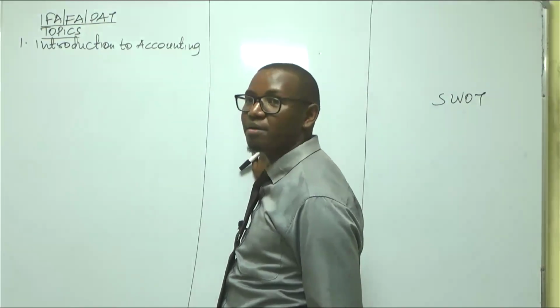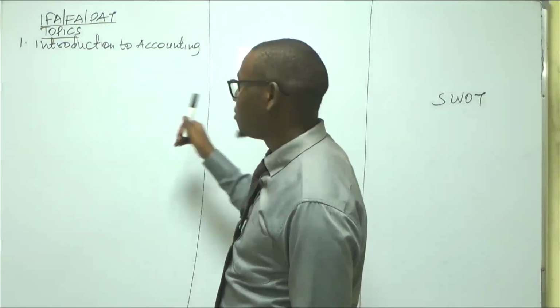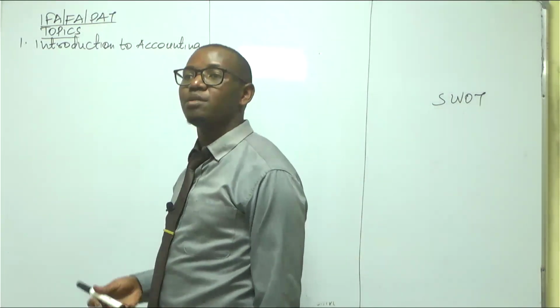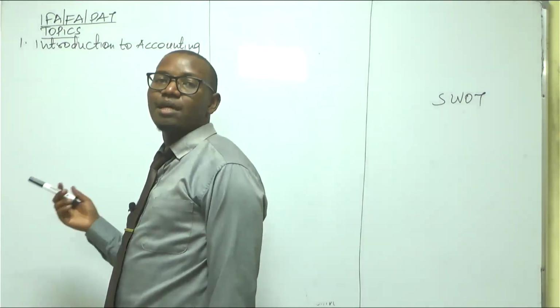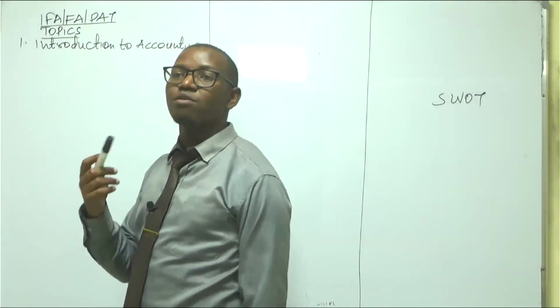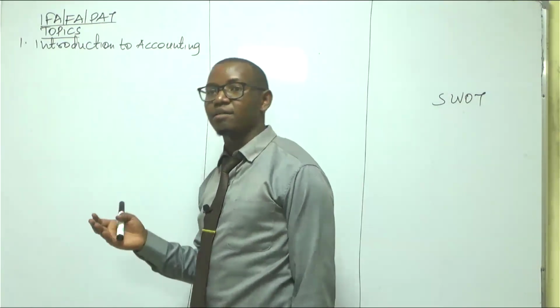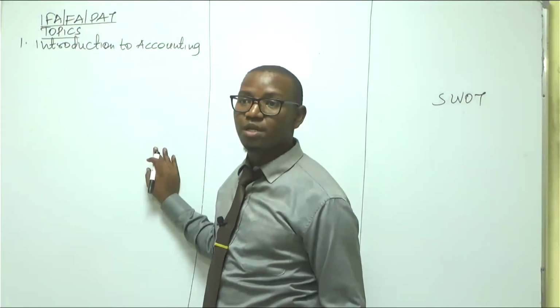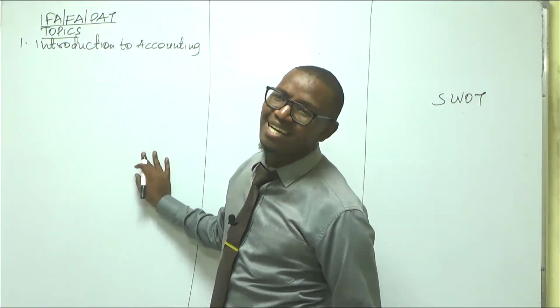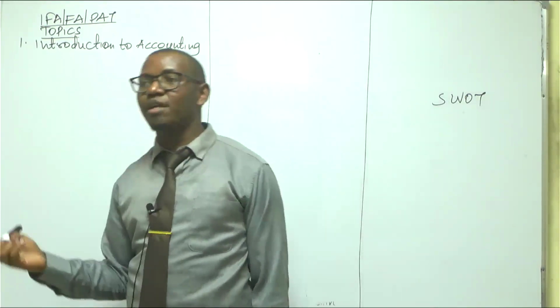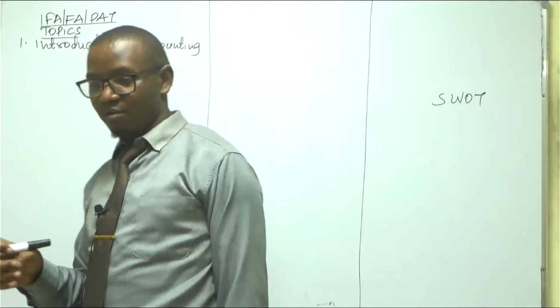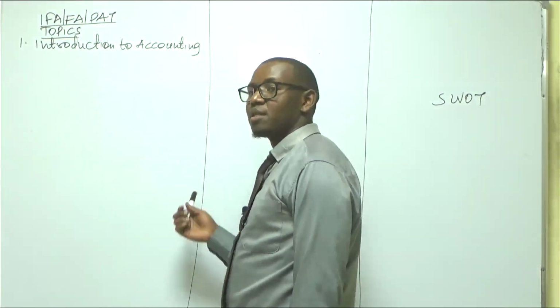Tutaziongelelea hapa. Sawa sawa. And then also we'll be able to talk about the accounting standards. Accounting standards, generally, they are the methods and approaches that guide us in preparations of those financial statements. Basically, just to understand what are the advantages and what are the disadvantages of accounting standards.